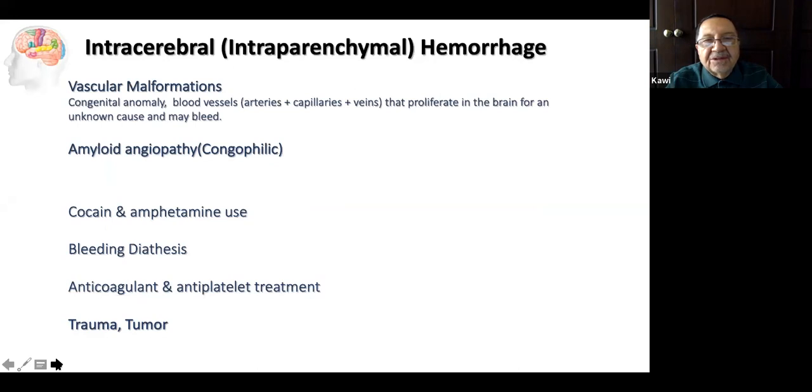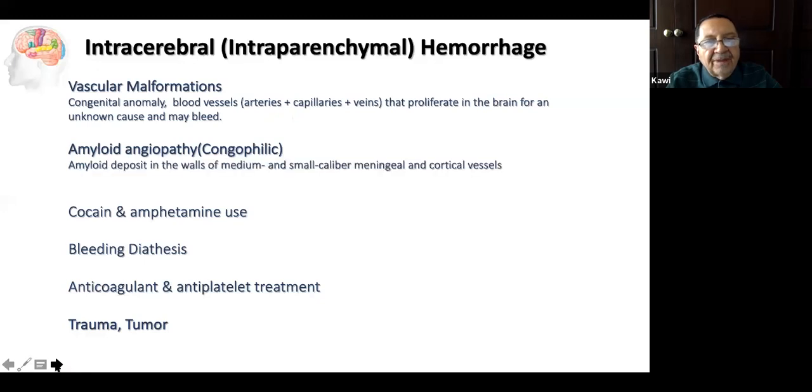The blood vessels, the arteries and veins, come into contact with each other without intervening capillaries. So the arteries lead to the veins, and that causes the veins to arterialize and the arteries to venolize, and then we have a high flow structure.